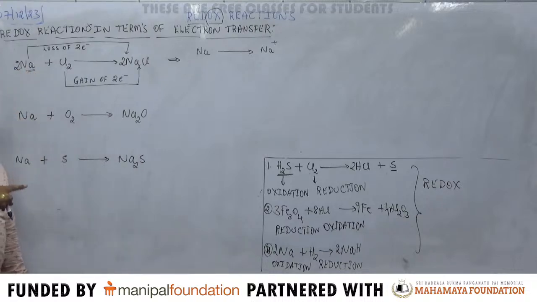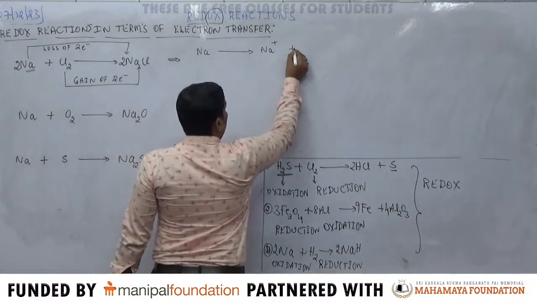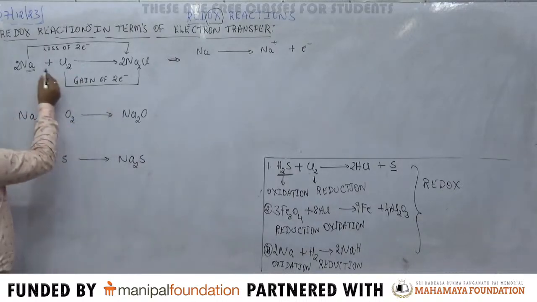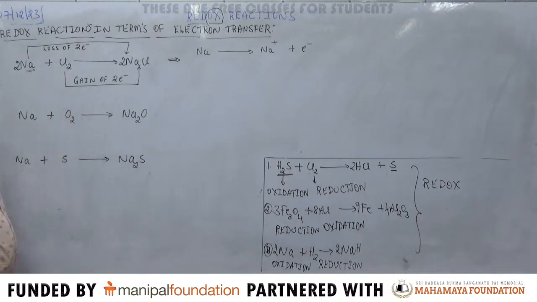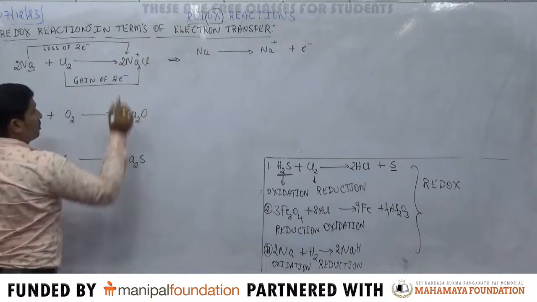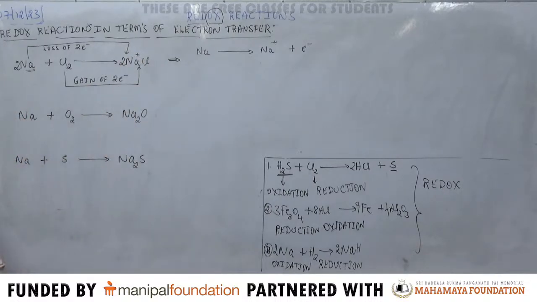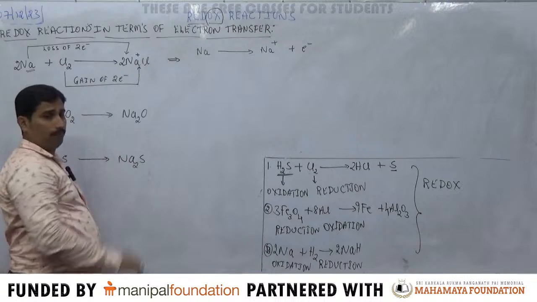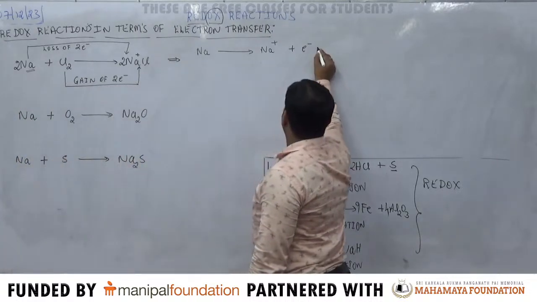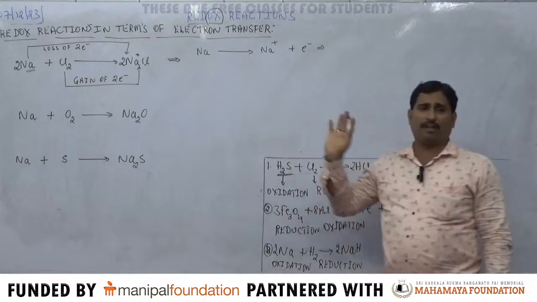When I say electropositive element, it can easily lose an electron. So by the loss of one electron, when it undergoes reaction with chlorine, Na is converted into Na plus. Correct? Sodium ion. And this I can call one half reaction.